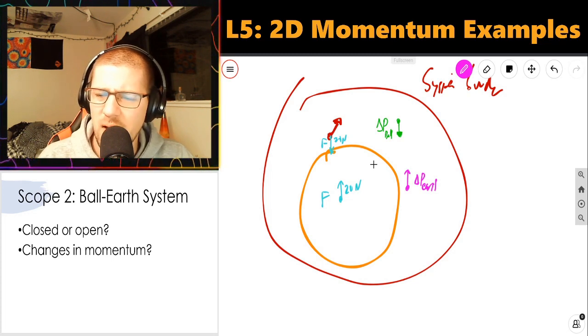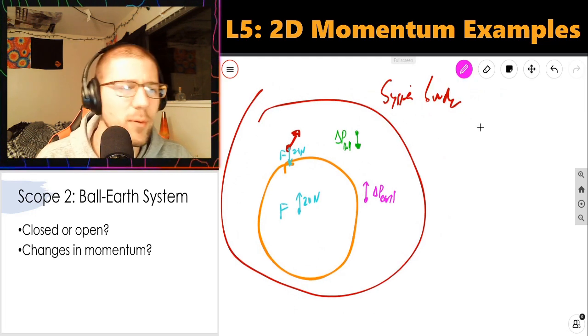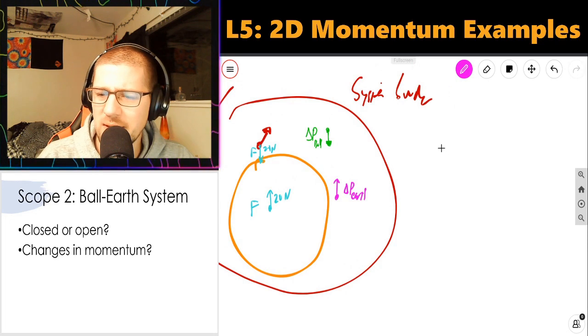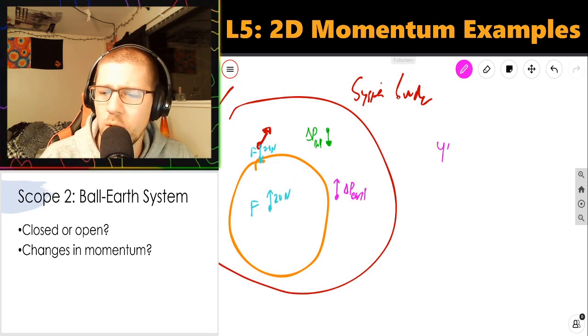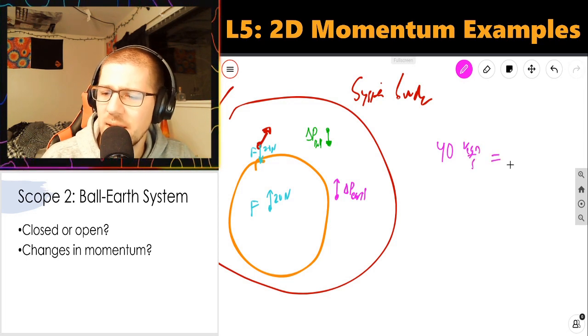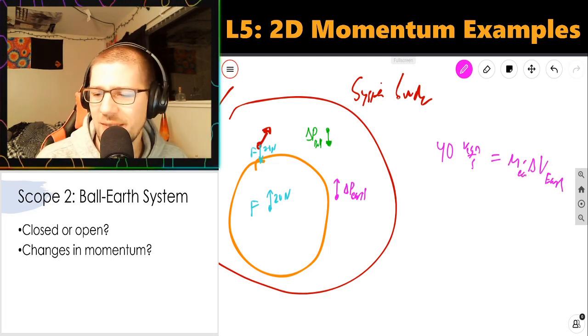Obviously, that momentum change is very small, so for fun, let's see how much the momentum of the Earth changes, or the velocity of the Earth changes. So the Earth's momentum changes by a magnitude of 40 kilogram meters per second. That's mass times change in velocity for the Earth. Now, what's the mass of the Earth?